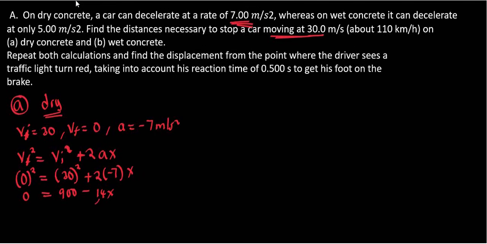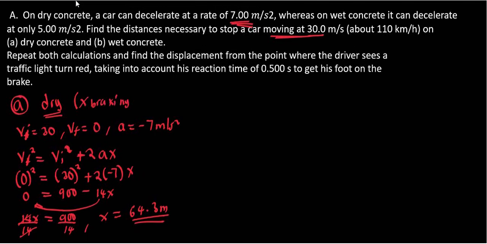So I'll bring this 14x to this side, so it will be 14x equal to 900. Then you divide by 14, and your x will be 64.3 meters. So this x that I found is the displacement of the braking, 64.3. That's what it means.